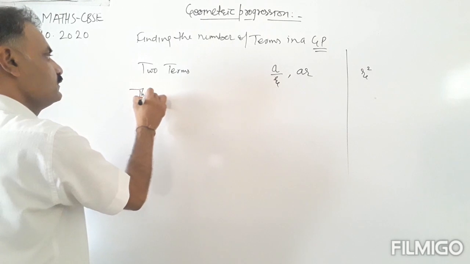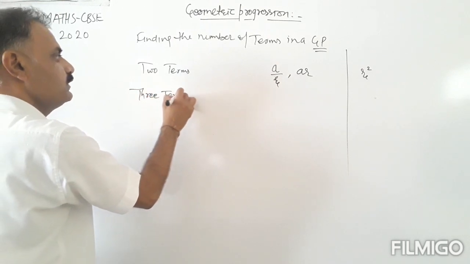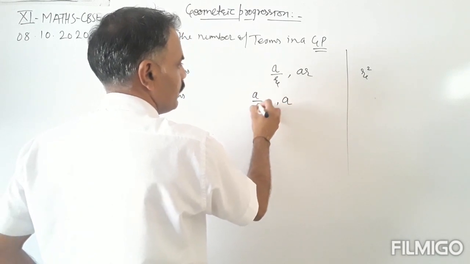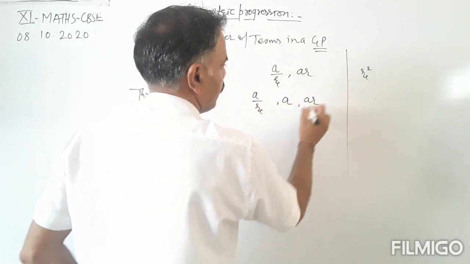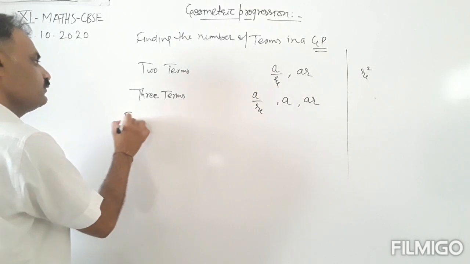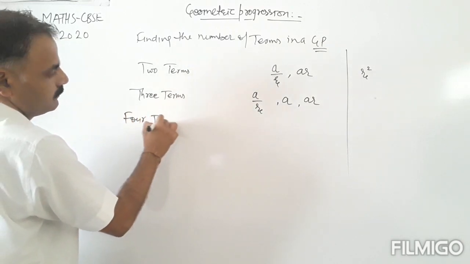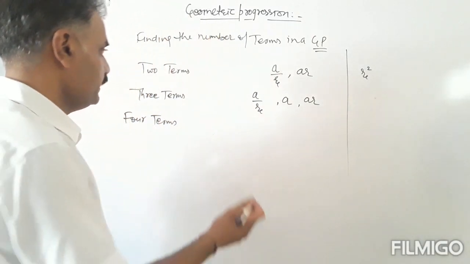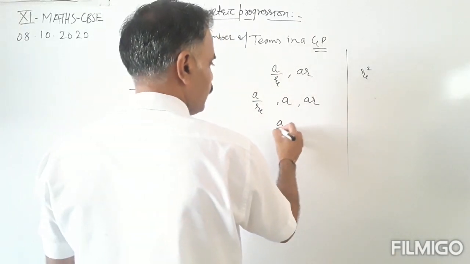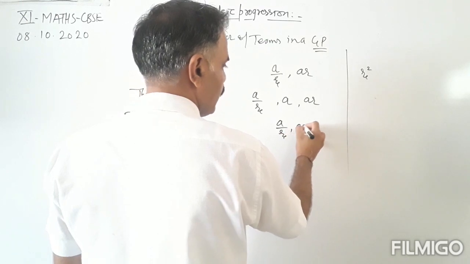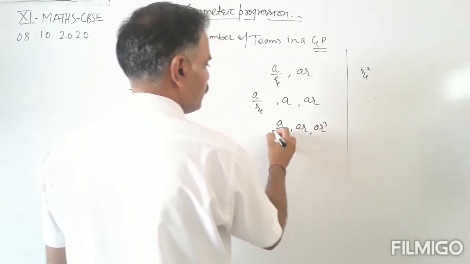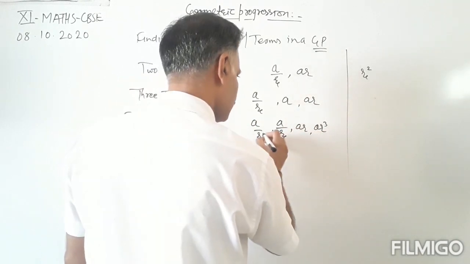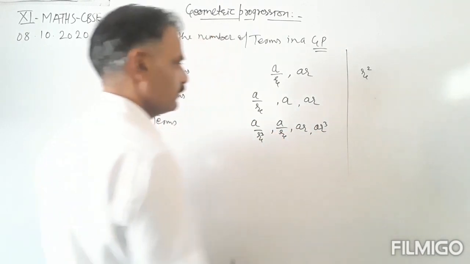Three terms. If we want three terms, then the three terms are a/r, a, and ar. If we want to find four terms of a GP, then the four terms are a/r cube, a/r, ar, and ar cube.